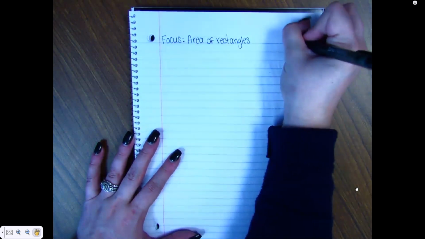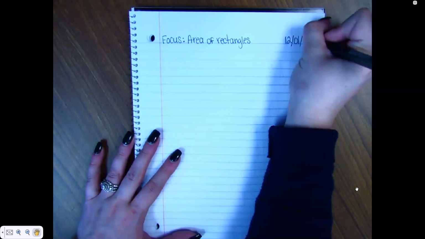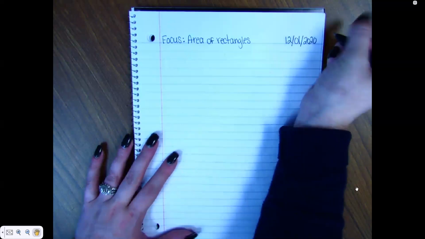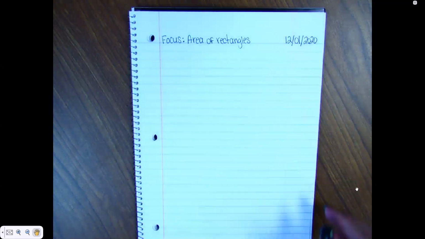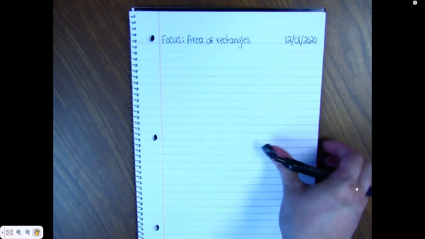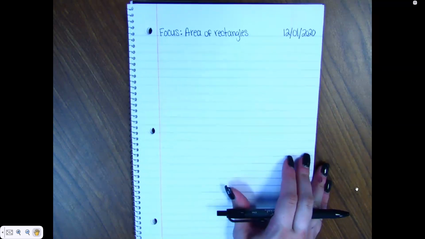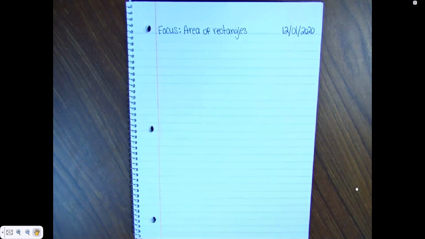So our focus is going to be area of rectangles. All right, thumbs up when you have your math journal out and you have written our title and date.